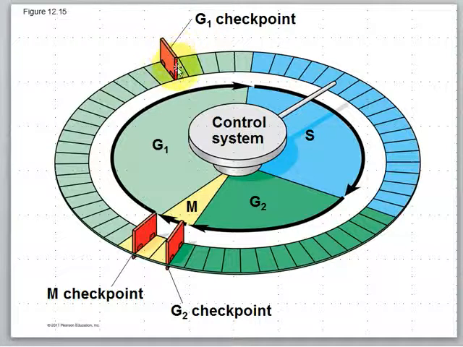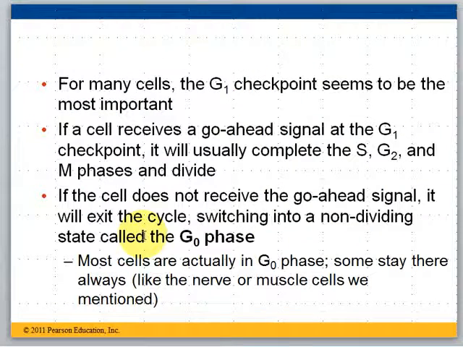Once that checkpoint is surpassed, then the cell goes ahead and continues on through S and G2. There's another checkpoint right before mitosis, and then a checkpoint within mitosis to go back to interphase. So you have these particular areas that control the cell, and if something is not right at any of these checkpoints, the cell will stop at that point.